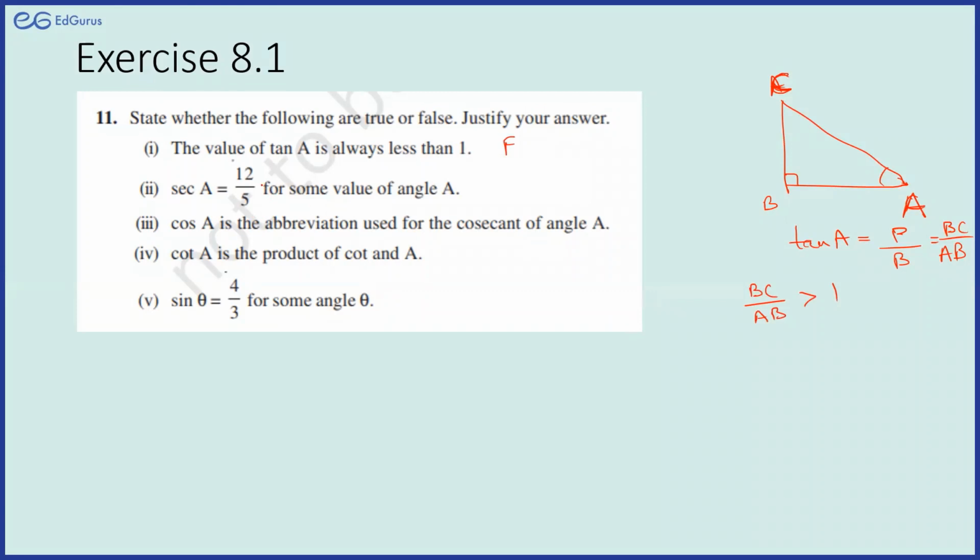This is false. Sec A equals 12 by 5 for some values of angle A. Now, can sec A be 12 by 5? Sec A is hypotenuse upon base, right? Can the ratio of hypotenuse and base be 12 by 5?